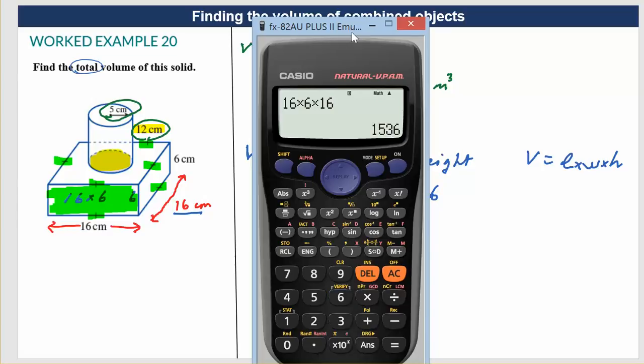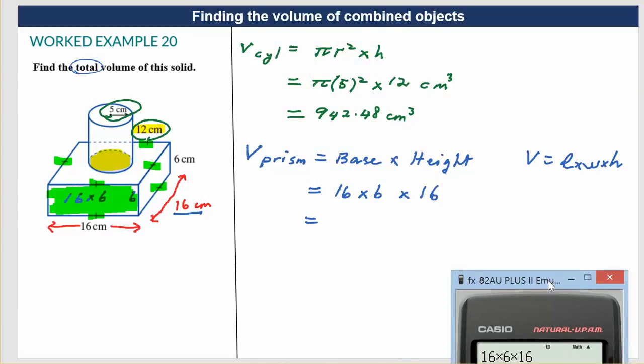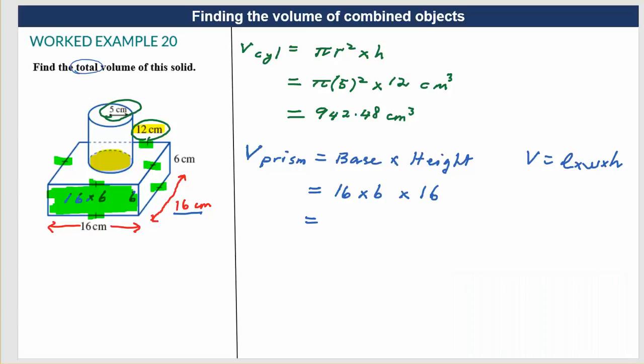We get 1536, and that's cubic centimeters.